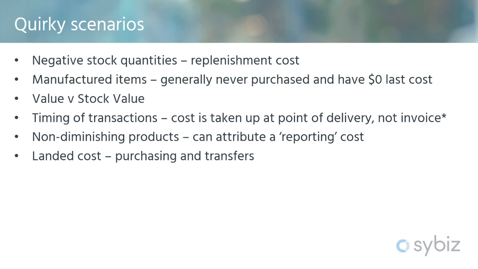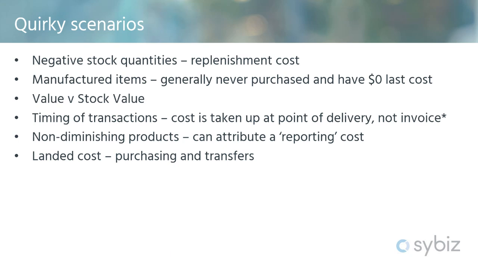We'll talk about that with some visuals a little bit later as well, just to round out that concept. And manufactured items is another thing that can be a little bit quirky. If you're a manufacturer, but you also have the ability to buy those same products from a supplier already assembled, and you have the same stock code for it, you use it interchangeably, then the first time you go to buy one of those manufactured items from a supplier instead of making it yourself, your last cost is likely going to be zero because you've never bought one before.